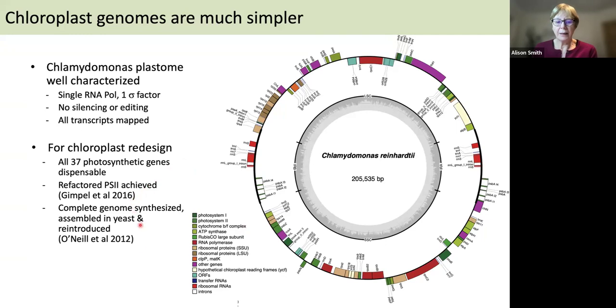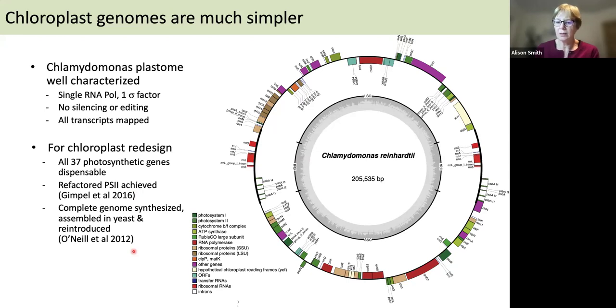In addition, about 7 or so years ago, all of the genes for photosystem 2, PS2, were knocked out and refactored. So a new set of genes clustered together were inserted back into the genome, and that restored photosynthesis. And there has been one report that the complete genome has been synthesized, assembled in yeast, and then reintroduced.